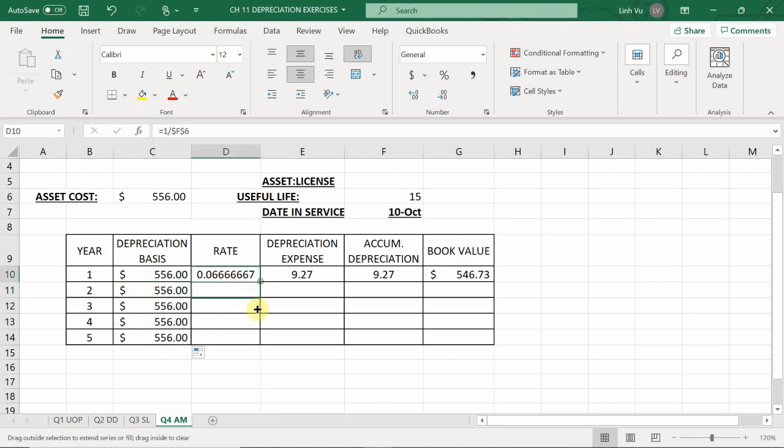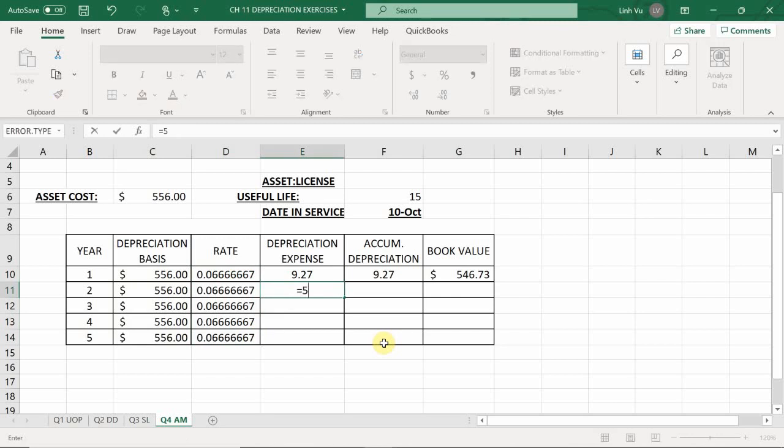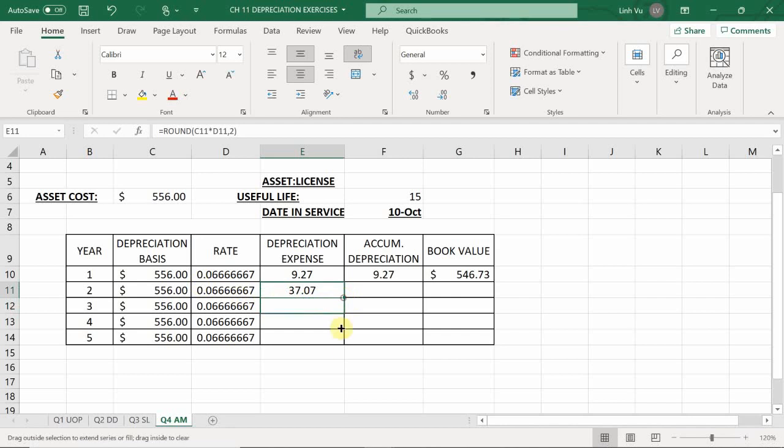Your rate is also going to stay the same. And now let's actually solve for what it costs for a whole entire year, which we know is $37.07 for the whole year. And because of that, the next 3 years after that, it's all going to be $37.07.